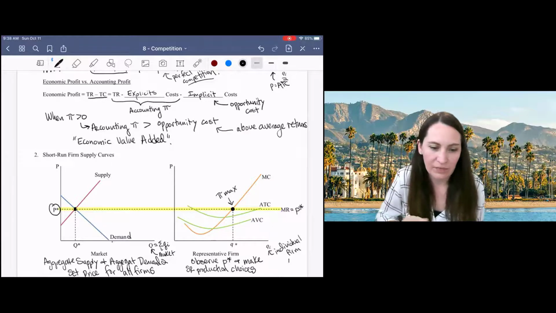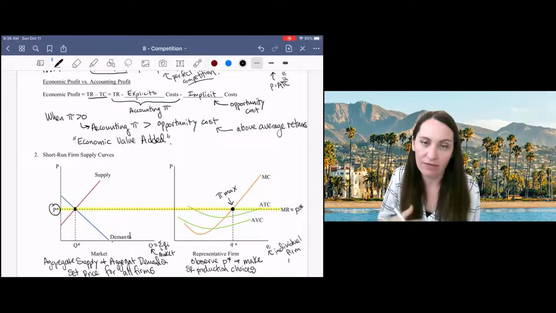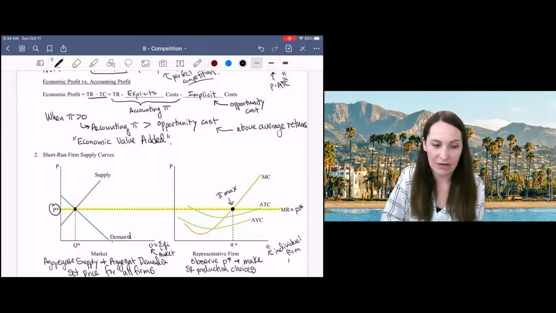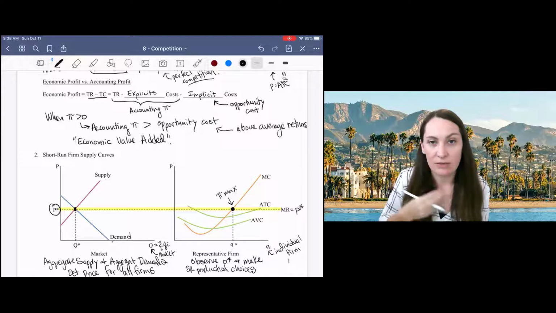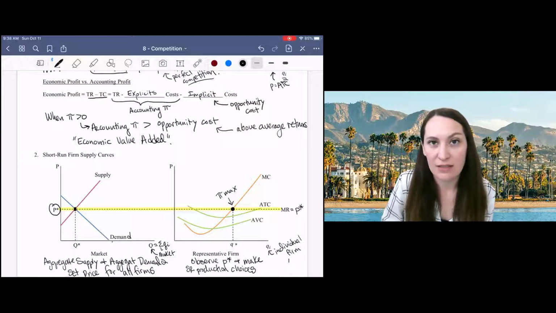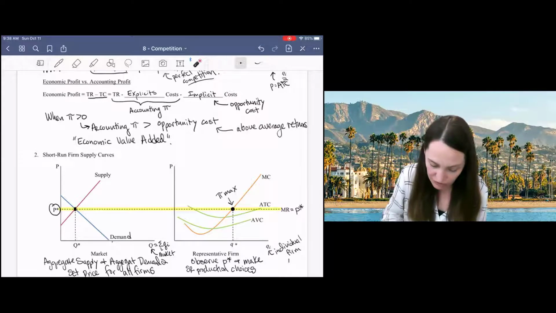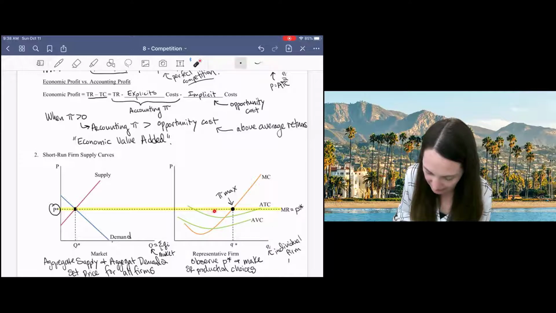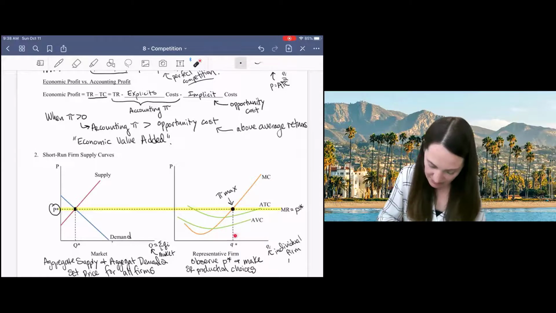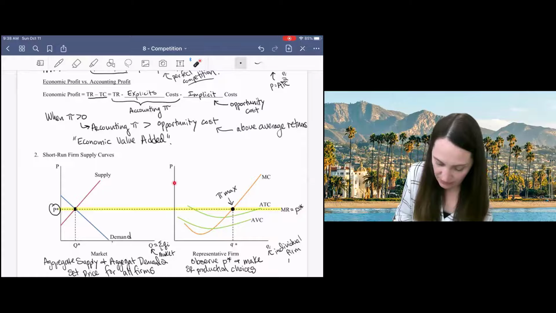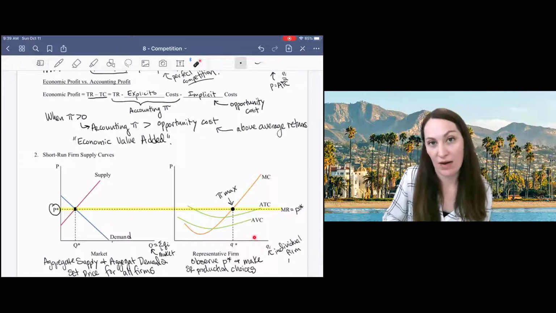And I just want to talk a little bit then about how we calculate profit in the context of this graph and how we think about the supply curve for the individual firm. So remember, supply is the relationship between price and the quantity produced. So I know, like, at this price, this is the optimal quantity. If the price were higher, I would come over to marginal cost to maximize profits, and this would be the optimal quantity.